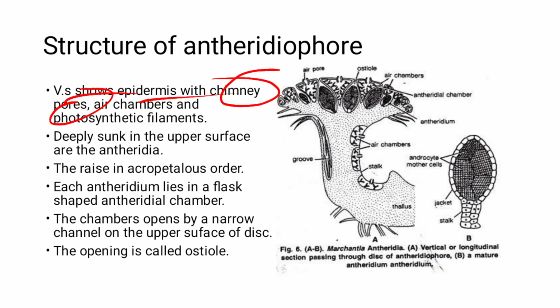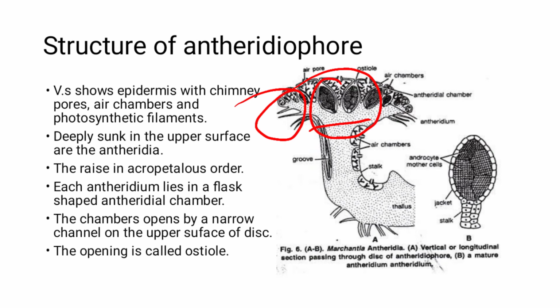And when you see the arrangement of the antheridium in the deeply sunken region or the antheridial chamber, you can see the bigger and mature antheridia are in the center, whereas the smaller, immature or developing antheridia are at the surface. So when you take the section and see, the smaller developing antheridia will be from the outer surface, and in the middle the mature ones will be present.